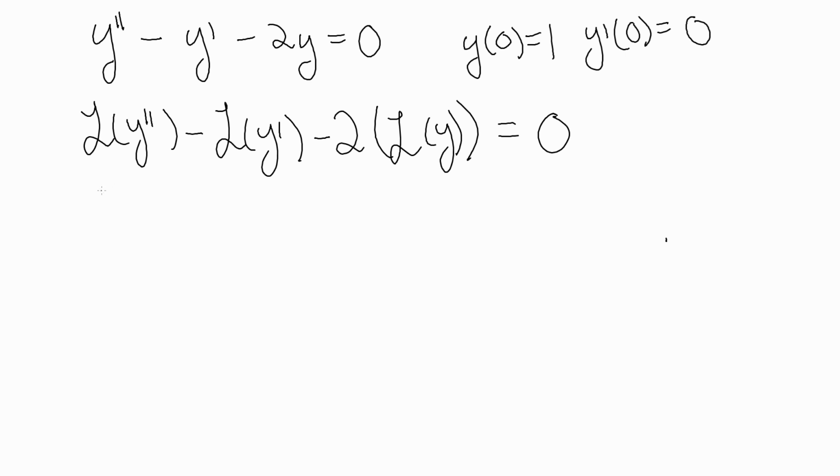So let's write that out here. I'm going to write it in terms of y, so we're not having to mix variables. The transform of the nth derivative of y of t equals s to the n times Y of s, minus s to the n minus 1 times y of 0.